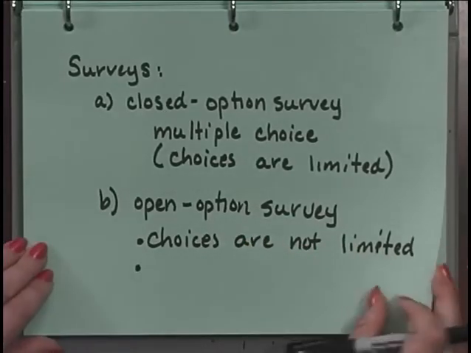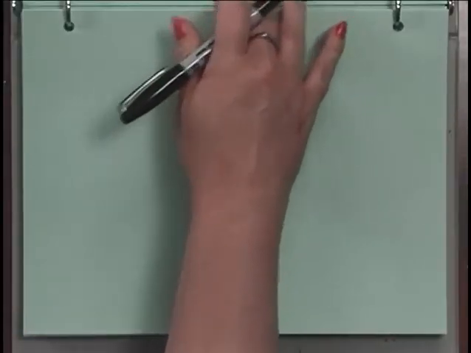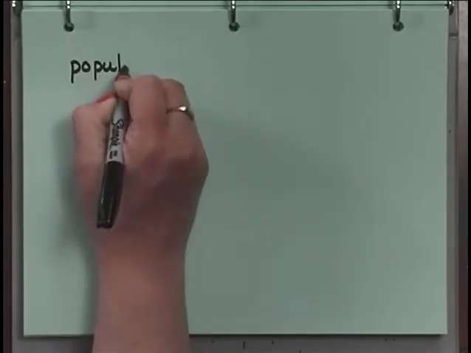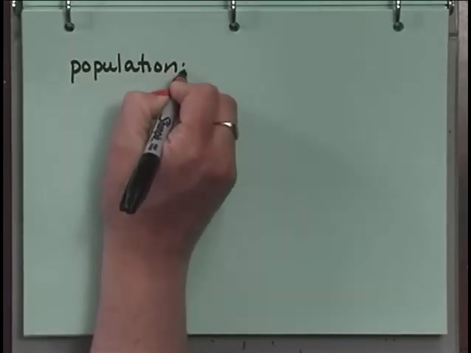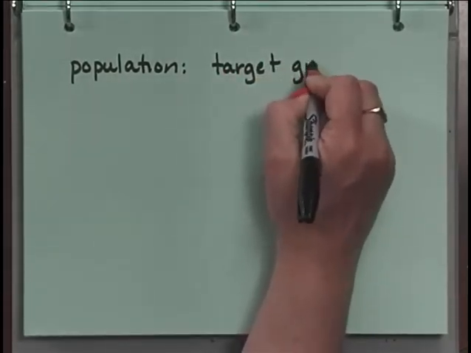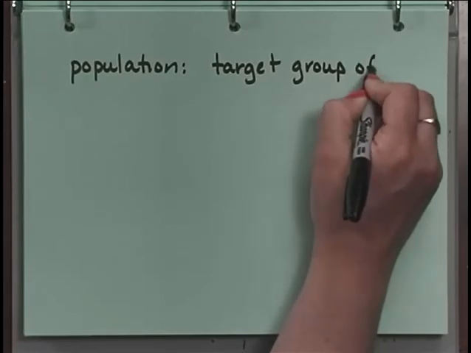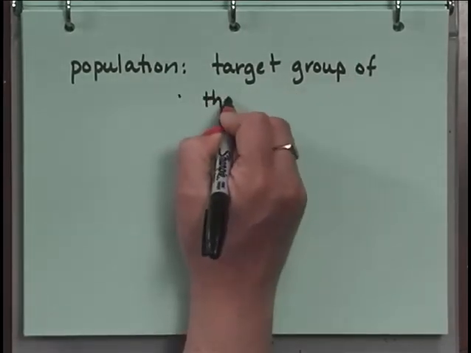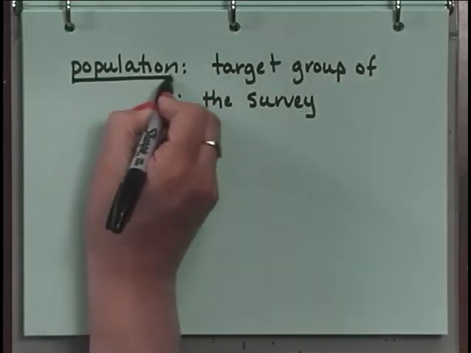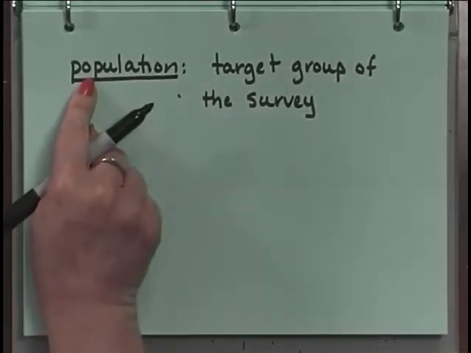Now, when you're taking a survey, you're going to survey a specific population. So the population that you survey is the target group of the survey. Depending on the size of the population, sometimes you can survey the entire population.